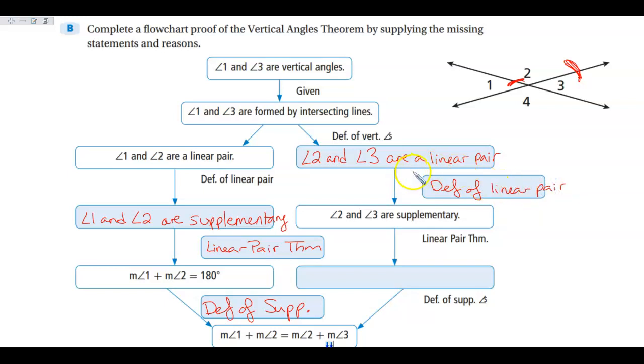Okay, what does that tell me? It tells me that angles 2 and 3 are supplementary by the linear pair theorem. Well, what does it mean to be supplementary? It means that their measures are going to add to 180. So I'm going to have measure of angle 2 plus measure of angle 3 equals 180 degrees.